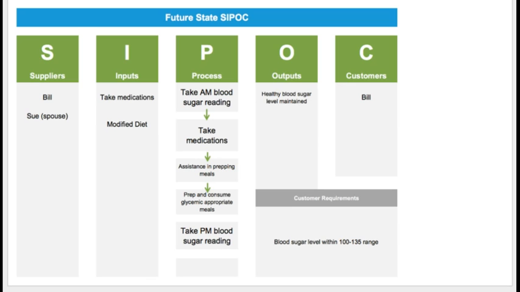We might have downstream customers as well, like Sue, his spouse, or his children, or his employer who wants Bill to survive as well. Notice that customer is also the supplier. They're playing an important role in the process by identifying the inputs that need to happen throughout the steps that ensure we get our good value-added output of having that healthy blood sugar level maintained.